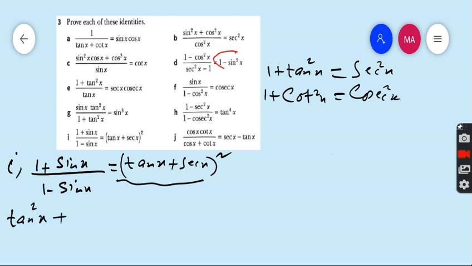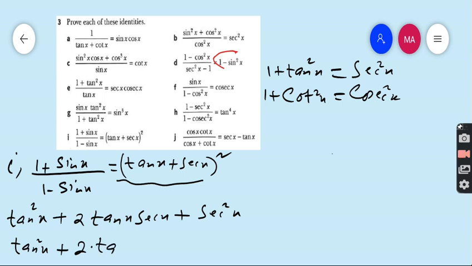Tan square x plus 2 tan x sec x plus sec square x. Tan square x plus 2 tan x sec x remains, and sec square from this formula is 1 plus tan square x.